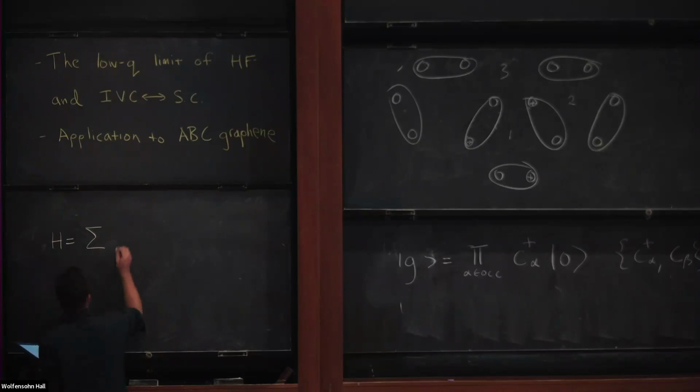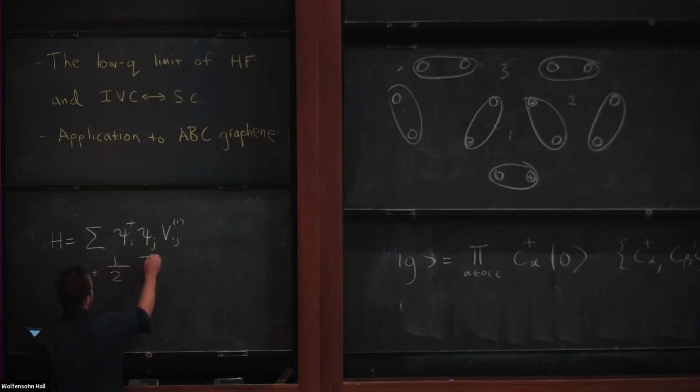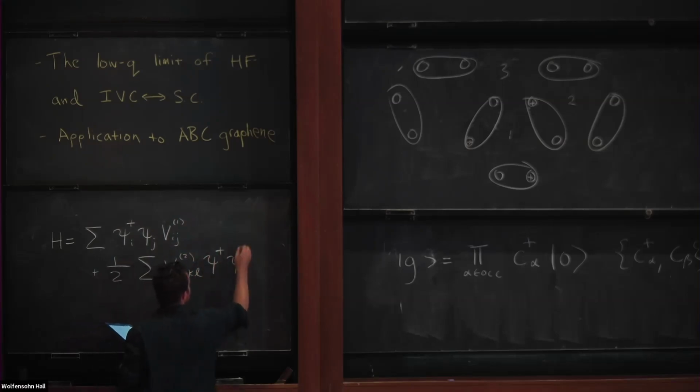You can imagine it's a tight binding model, for example, of some single particle hoppings, V1_ij, plus 1/2 V2_ijkl, where the ijkl are summed over.